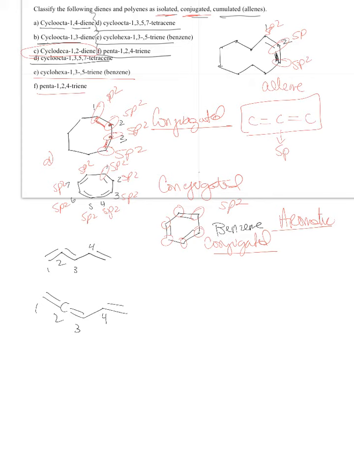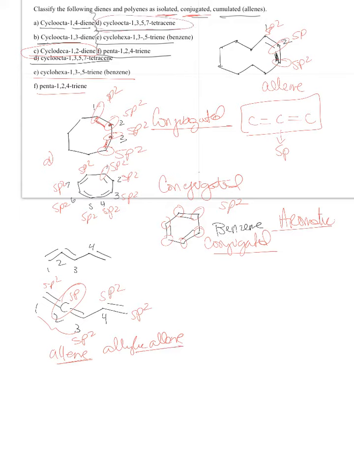So this would be an sp, this is sp2, sp2. This is sp, sp2, and sp2. So this would actually be considered an allene. It'd actually be called an allylic allene. It would be very high energy.